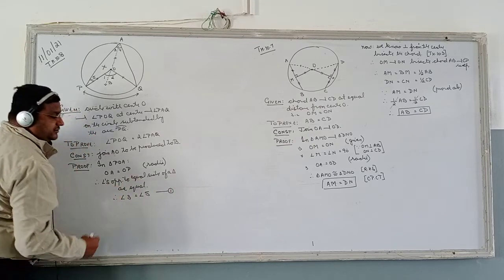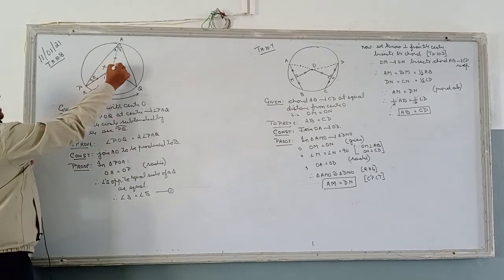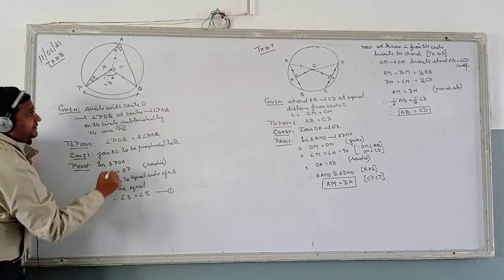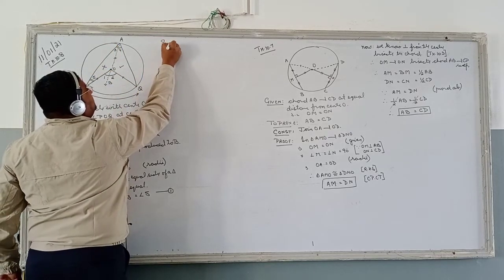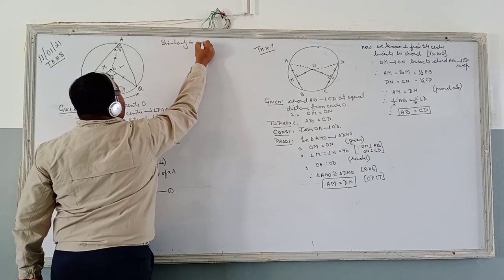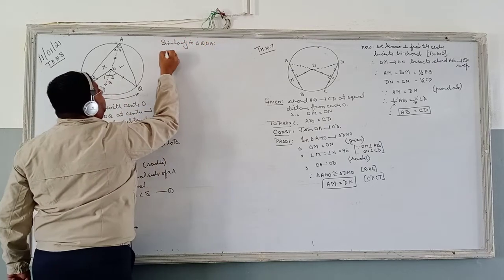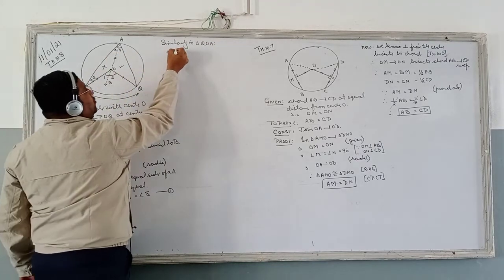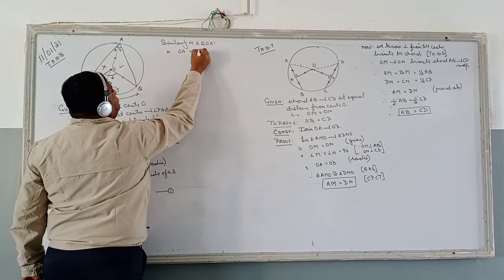Equation number first. Similarly, in triangle QOA, OA is equal to OQ.